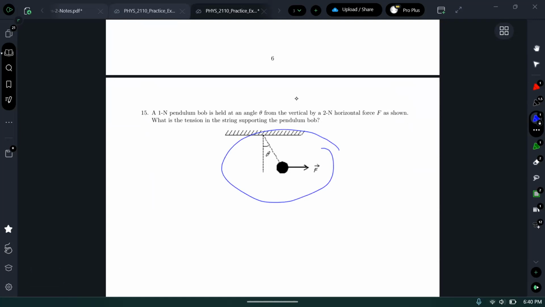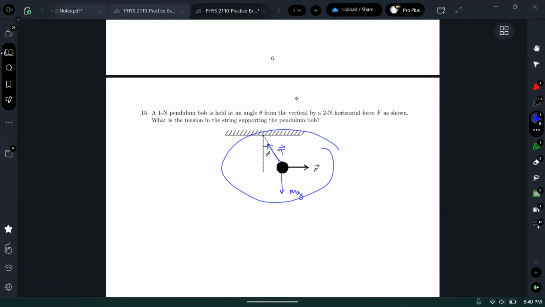I think this one's a good one to be familiar with because it covers a lot of different things at once. So I'm just going to draw the free body diagram for it and then move on. But this one was in the homework, or a very similar one was. So tension acts along the rope.